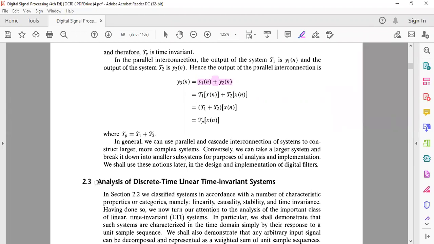When we meet next time, we will look at analysis of discrete time invariant systems. When we say that there is an operation, how do you analyze the operation? When you say there is a multiplication, how do you analyze the multiplication?